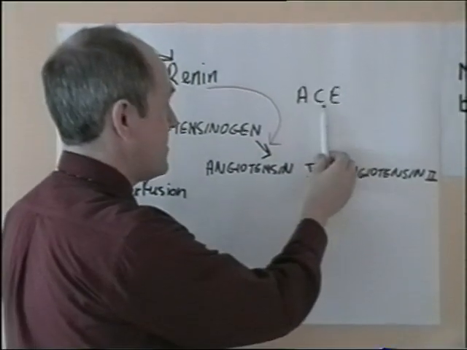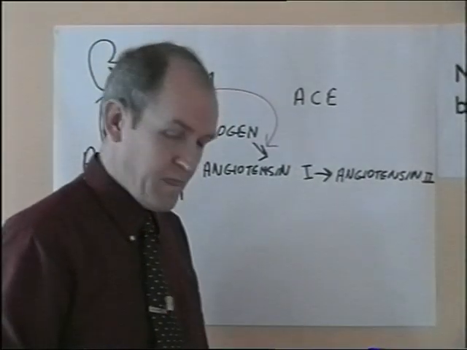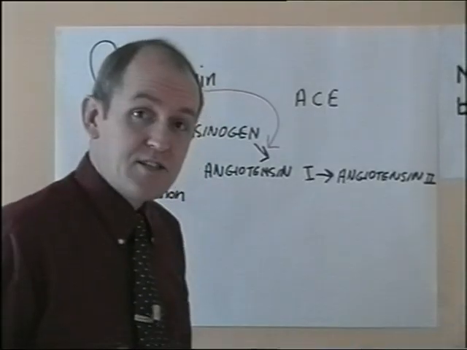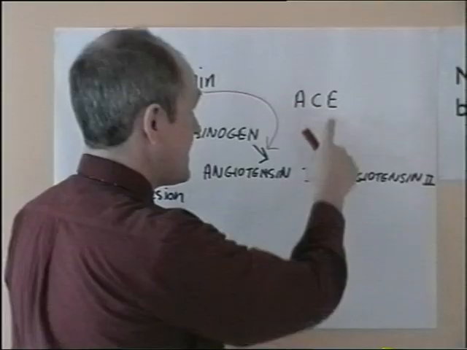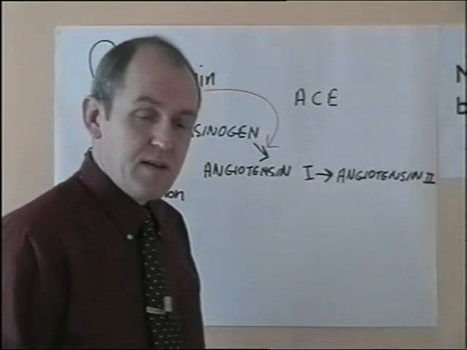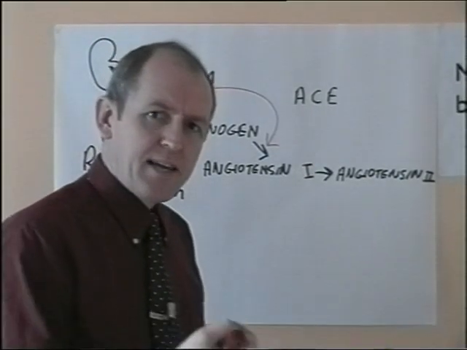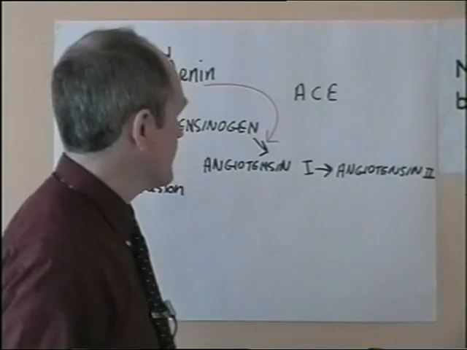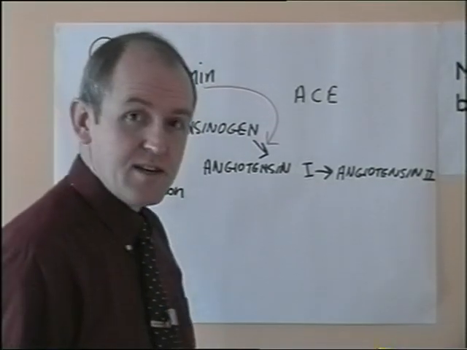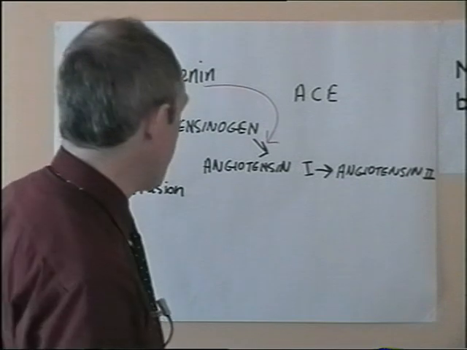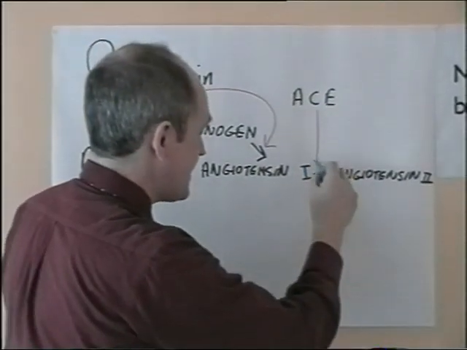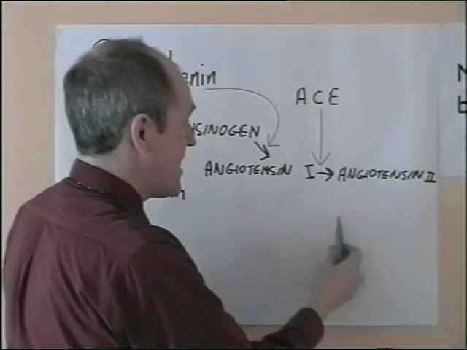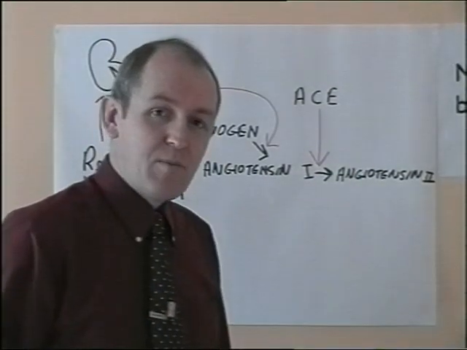Angiotensin converting enzyme. And this takes place as the blood passes through the lungs. The angiotensin converting enzyme is produced in the linings of the blood vessels in the lungs. Now, angiotensin converting enzyme acts on angiotensin 1 to facilitate its conversion to angiotensin type 2.